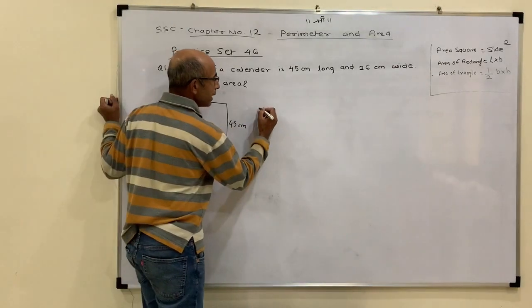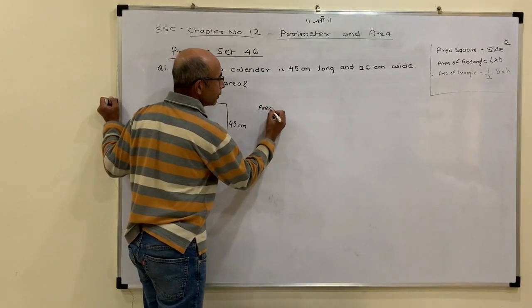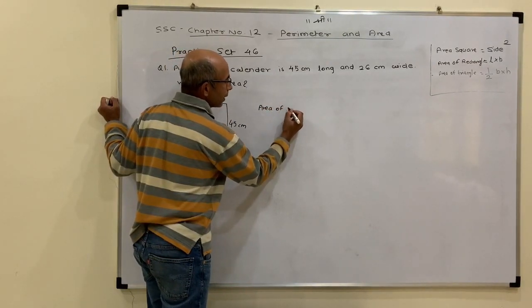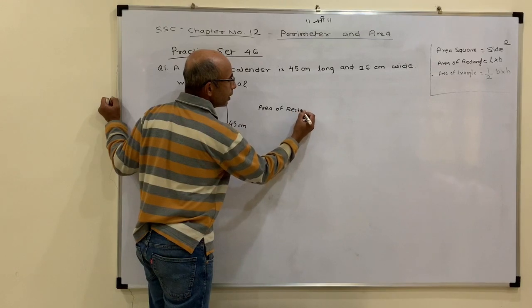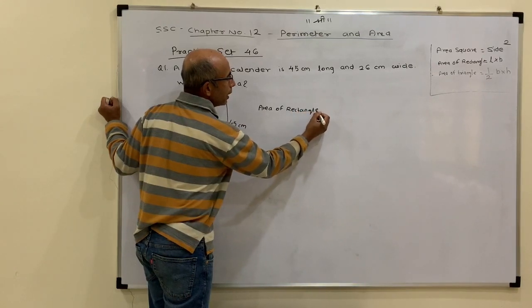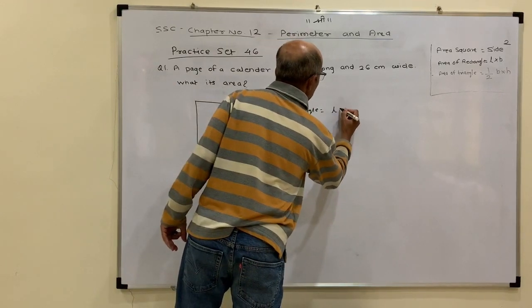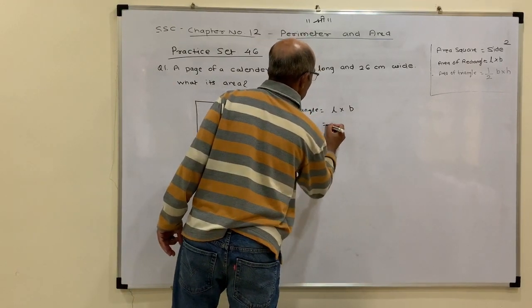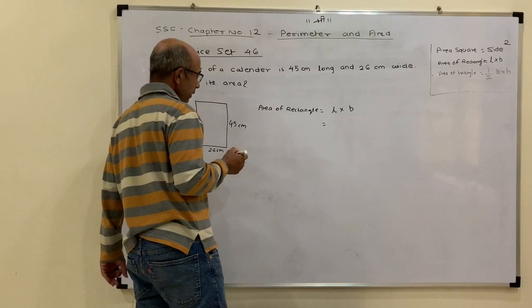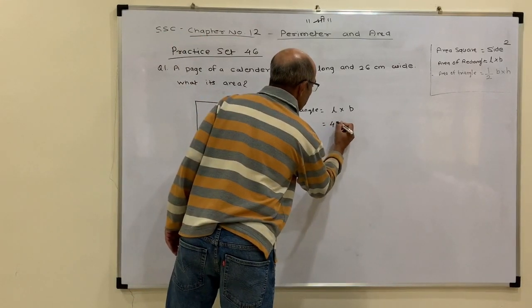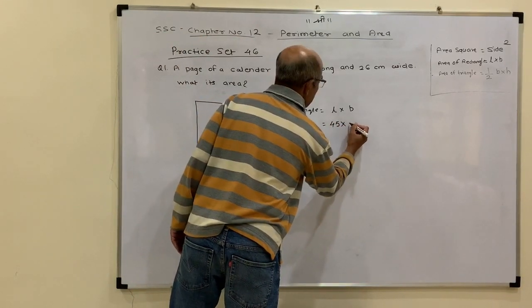So the area of a rectangle, our formula for that, equals length into breadth or width. So it will be 45 into 26.